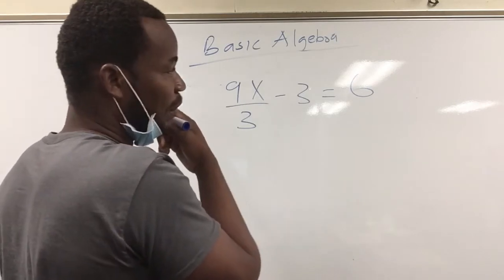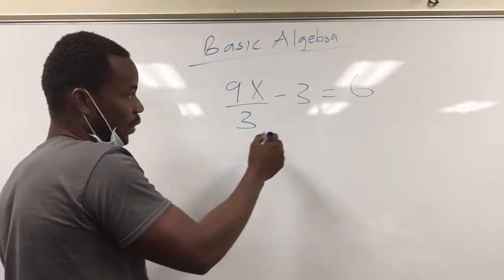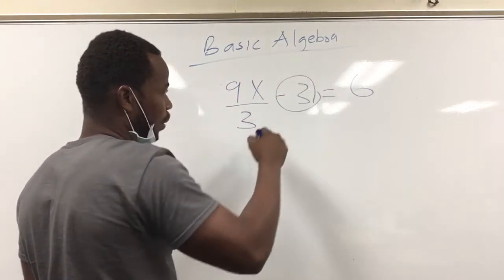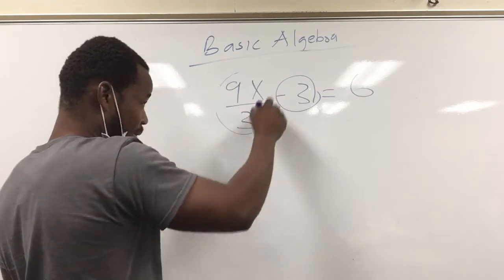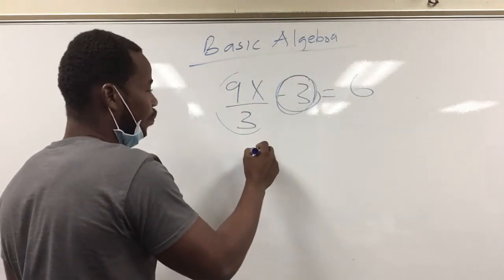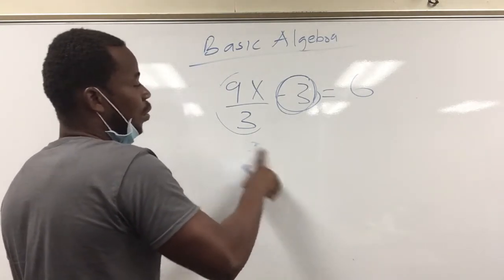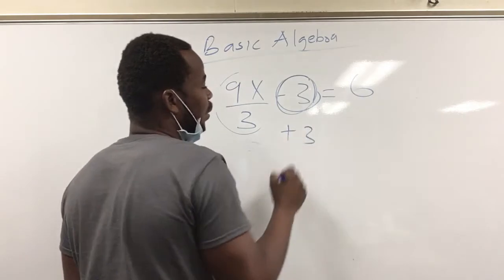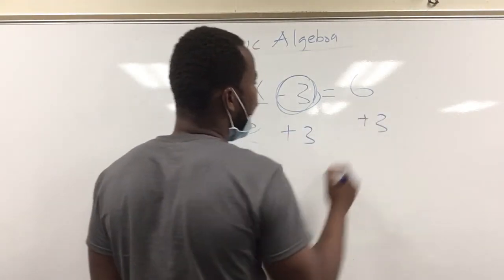So the first thing I have to do is deal with the bad boy over here. Now this is minus 3. Don't do anything over here. Deal with this first. So my first thing is add 3 to this side, and then I add 3 to this side.